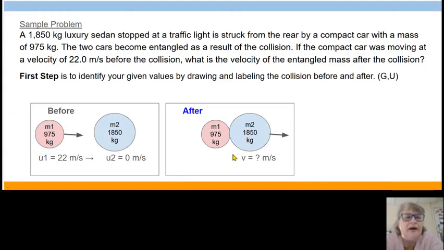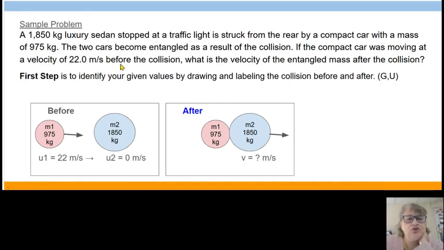So, here's a sample problem. We have a 1,850 kilogram luxury sedan, and it's stopped at a traffic light. And it's struck from the rear by a compact car with a mass of 975 kilograms, right? So the compact car is almost half of the size of the luxury sedan.